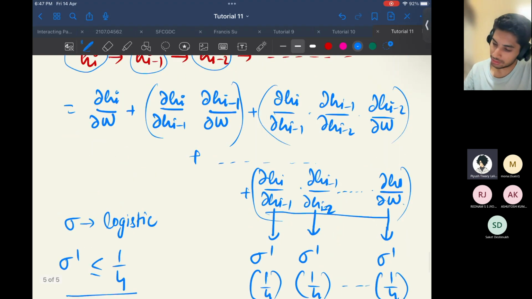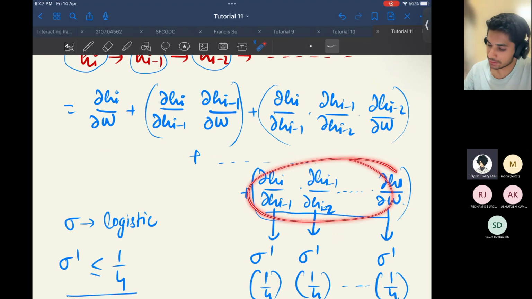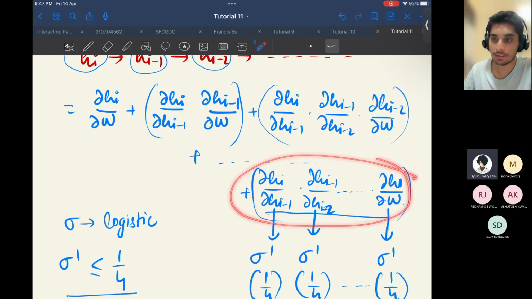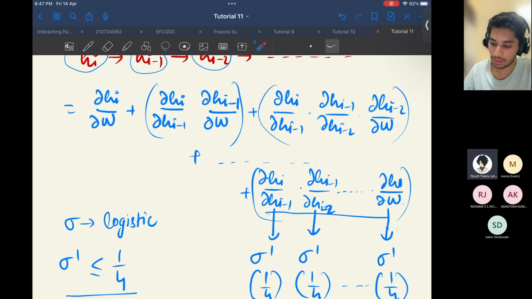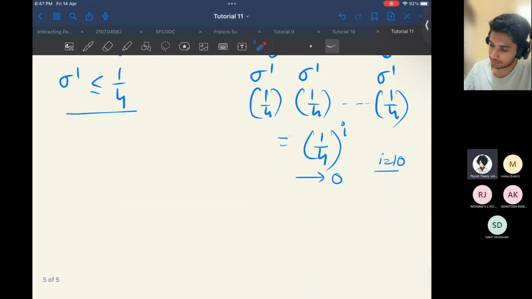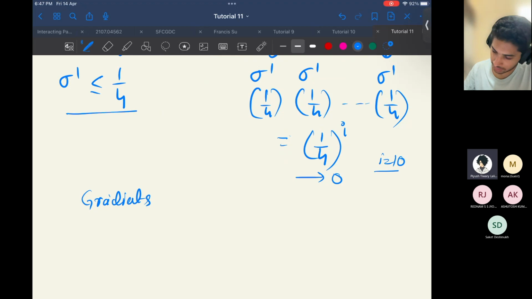Which means that, in some sense, this gradient is not conveying anything. So the gradients that you are calculating are going to 0. This is what we call vanishing gradient.